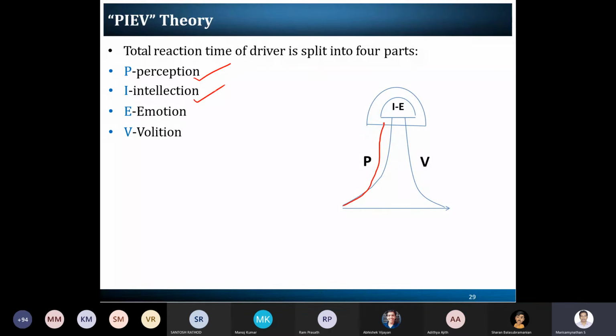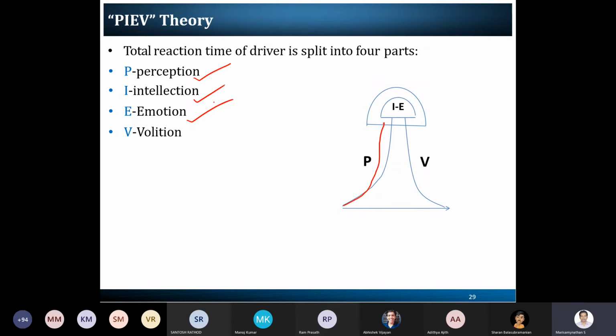Then intellection, the time required for understanding the situation: whether it is dangerous, manageable, or nothing to bother about. Then emotion: some drivers, such as new or beginner drivers, may feel fear, somebody might get angry, and somebody might act calmly and smoothly.